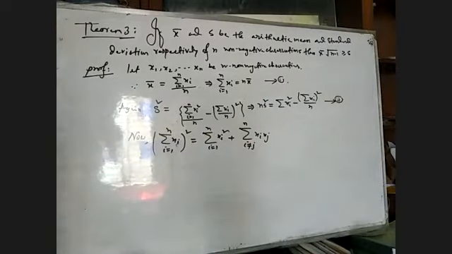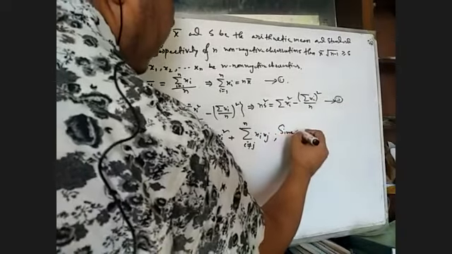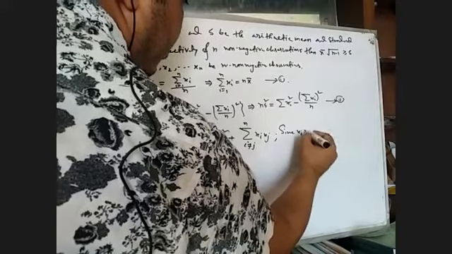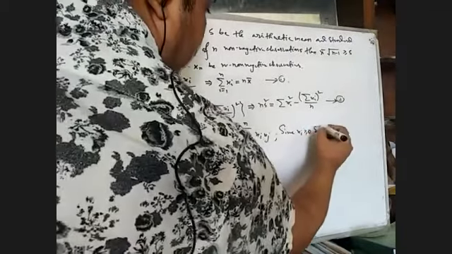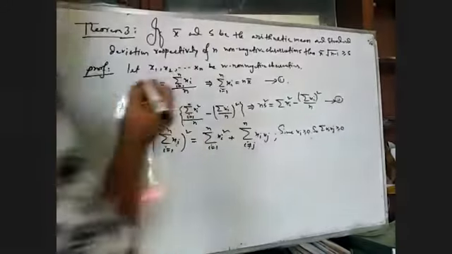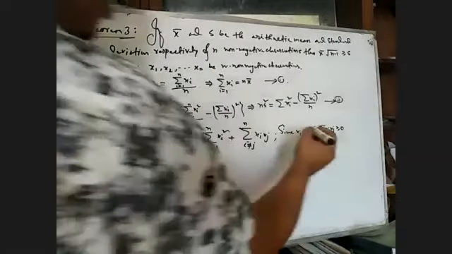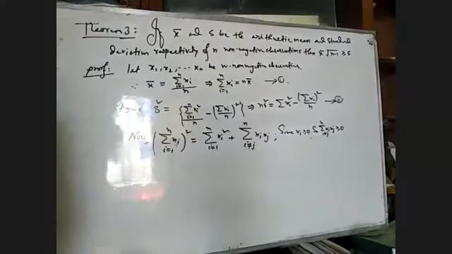Since xi are non-negative, non-negative means always greater or equal to 0. So summation xi xj, where i is not equal to j, is always non-negative. This term will also be non-negative.